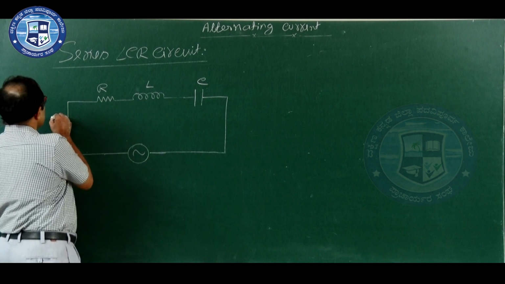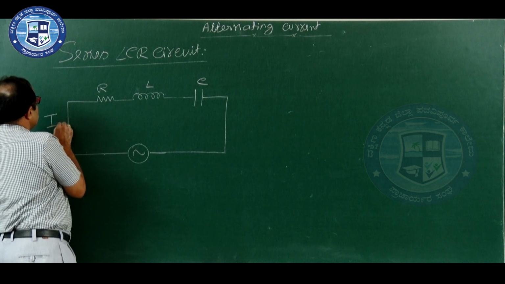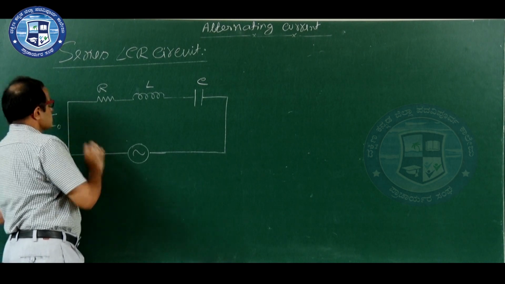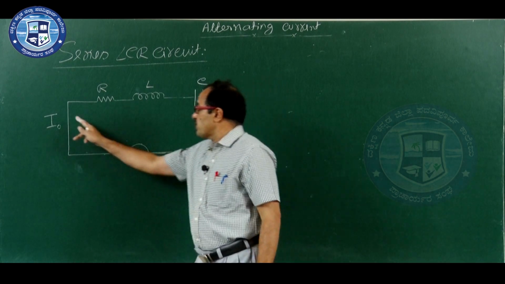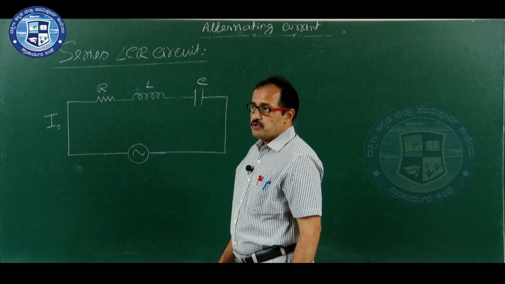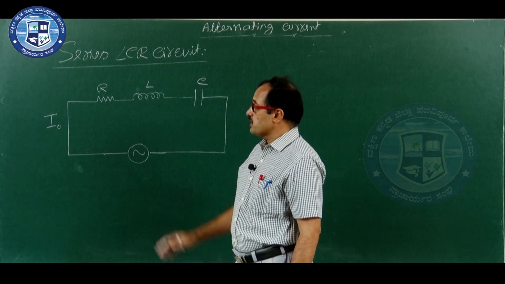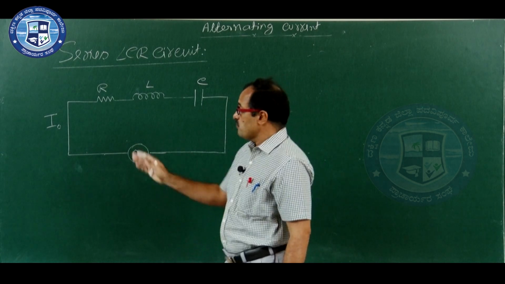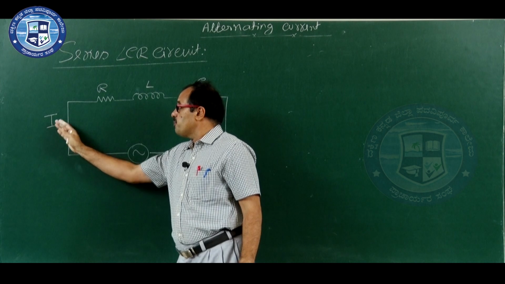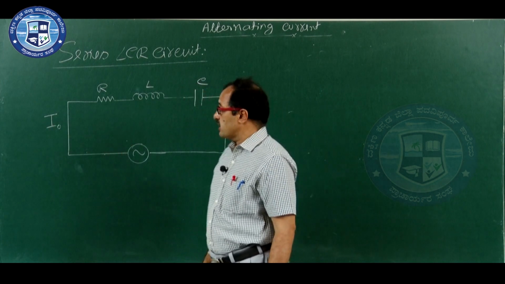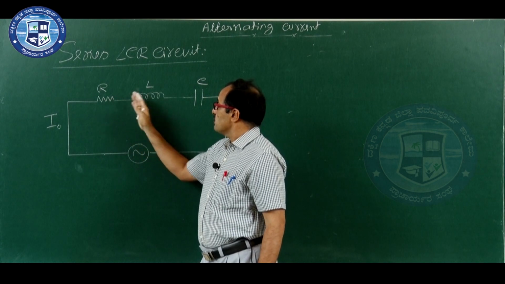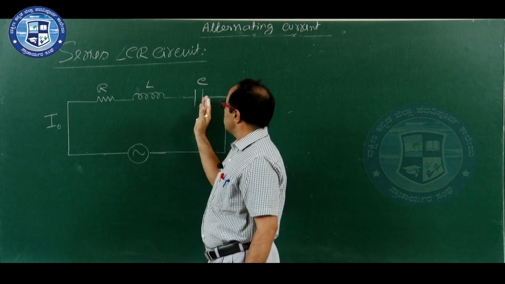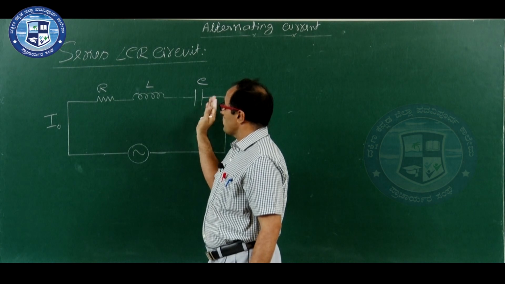So, think that I naught is the peak current through the circuit. Do not put arrow mark. Arrow mark means you are losing 1 mark. That represents DC, but it is AC. Think that I naught is the peak current, because I want to draw phasor diagram. That current I naught passes through resistor, the same current flows through inductor, and the same current passes through capacitor also.